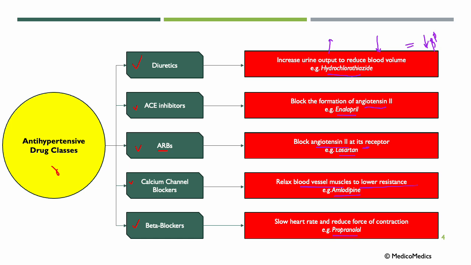These lower blood pressure by slowing the heart rate and reducing the force of contraction, thereby decreasing cardiac output. So each class offers different benefits and side effect profiles, and treatment is often tailored to the patient's specific needs and risk factors. Next, let's discuss drugs used to manage ischemic heart disease and angina.